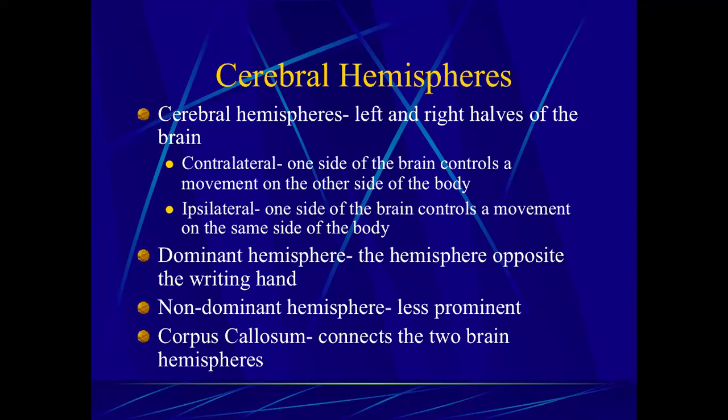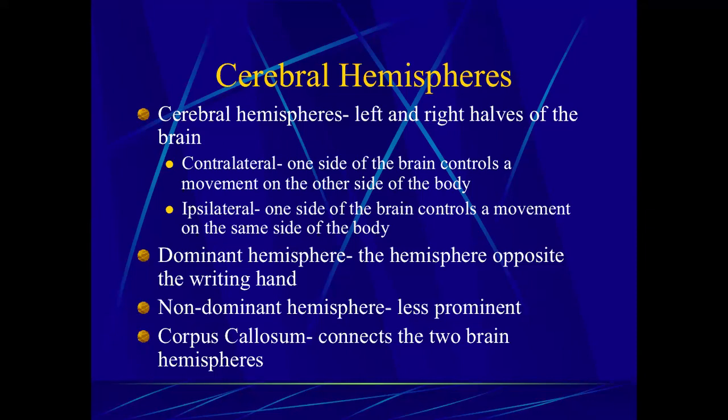Now, I said to you that there are messages or fiber tracks going up from the body up to the brain and from the brain down to the body. So there's this bidirectional change, but these fiber tracks can cross from one side of the brain to the other, or one side of the brain to the other side of the body.